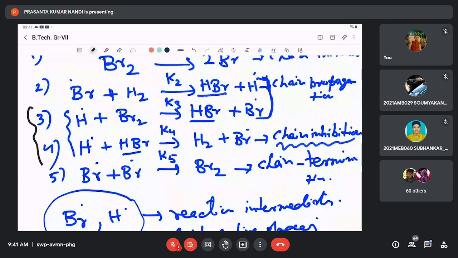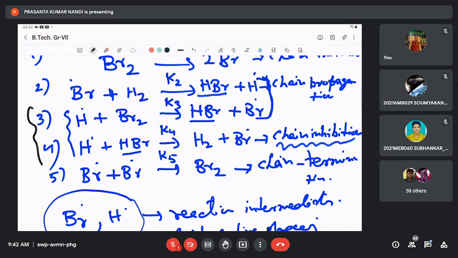So a hydrogen free radical can collide with one molecule of bromine, or it may collide with a product molecule HBr, because you are carrying out these reactions in a closed chamber or vessel where these H free radicals have a chance to collide with available bromine molecules or the HBr that is produced.